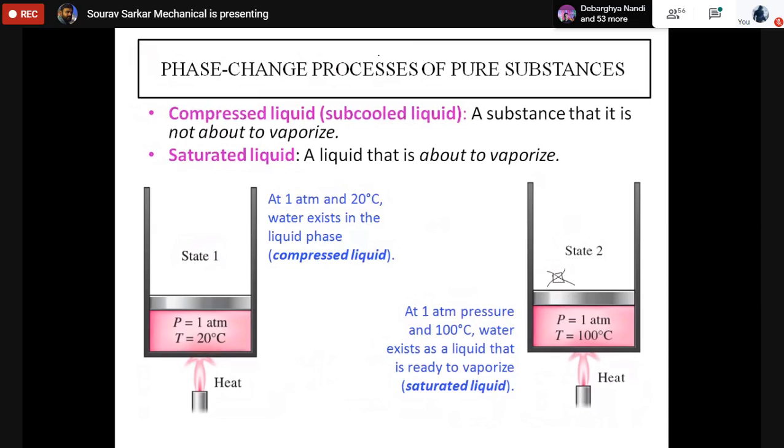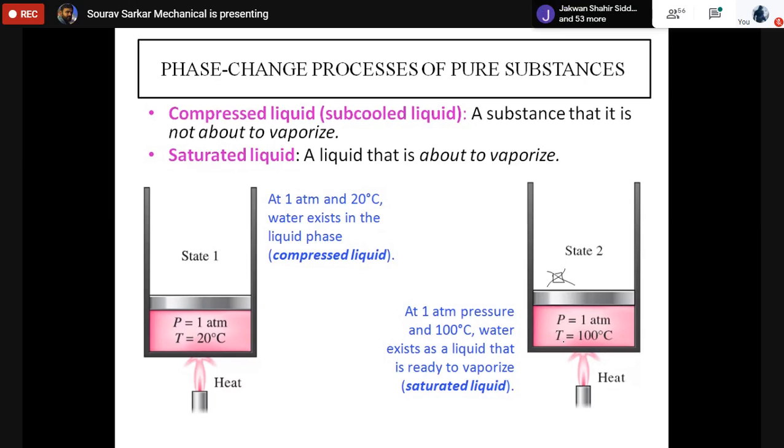But you also understood that whenever you start to heat this liquid, there is also some expansion. But that expansion is basically the liquid expansion. Suppose you have 500 ml of liquid; if you start to heat it, the volume will gradually increase, very slightly. Maybe if it is 500 ml, after reaching 100 degrees Celsius it will be maybe 550 ml.